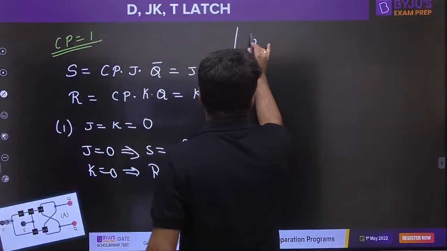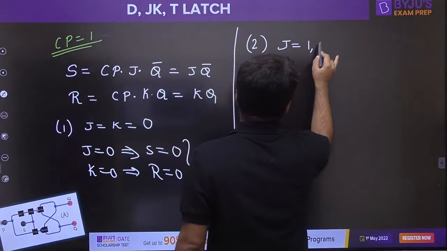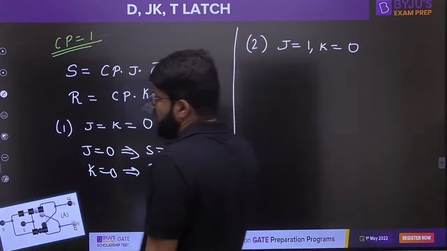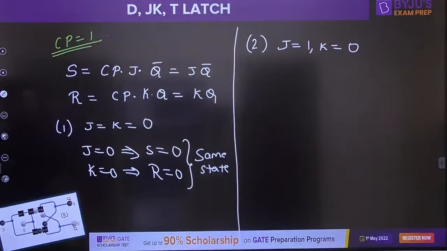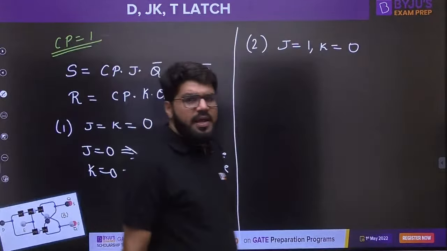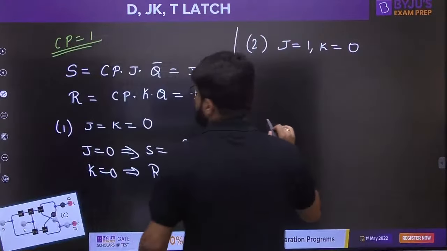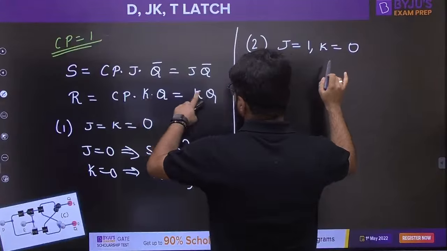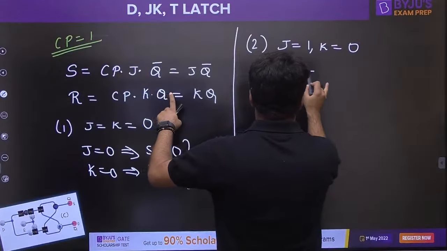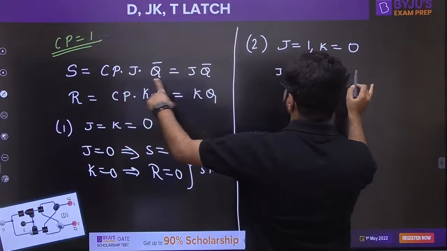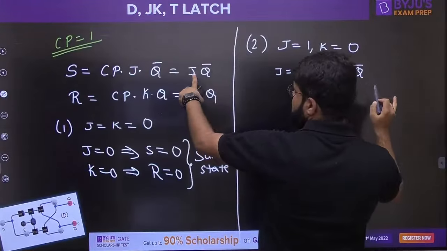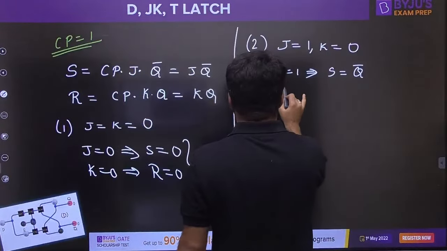Second combination. If J equal to 1, K equal to 0, then what is going to happen? So guys, look, if the J is 1, first of all, what is the value of S? S is equal to Q bar. But what is the value of K?